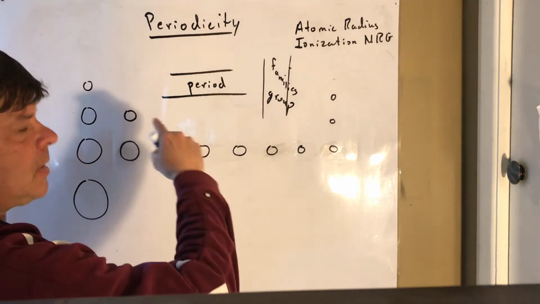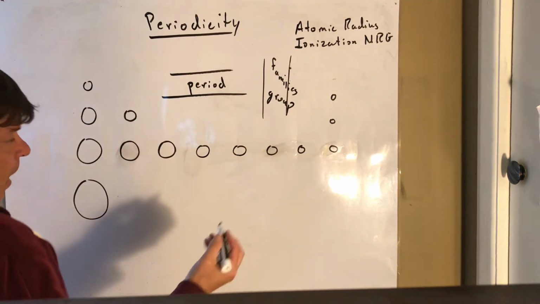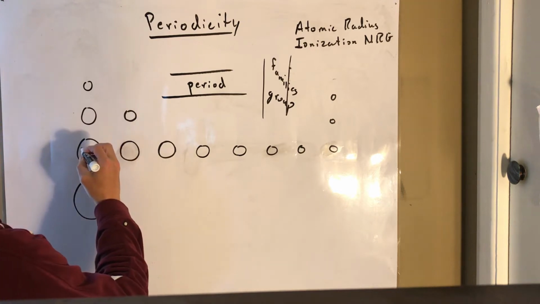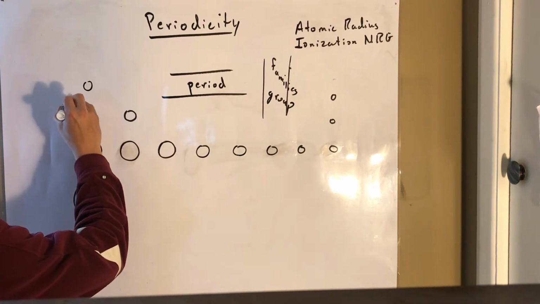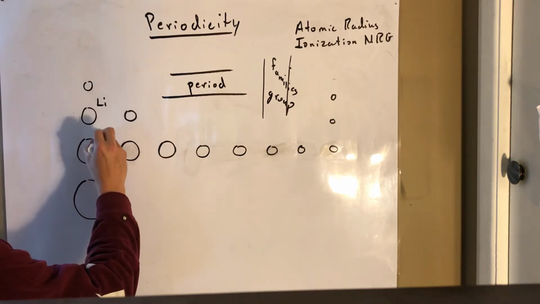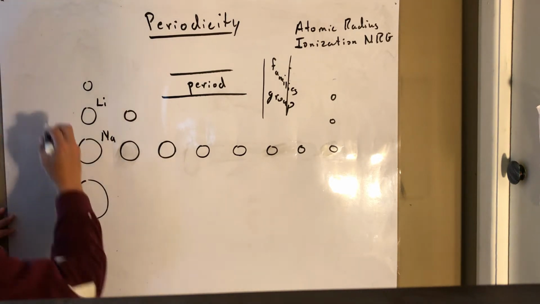Okay, so let's look at the reason why atoms get larger as you go down a group. You may know this already. Let's look at lithium and sodium. Let's go lithium first.